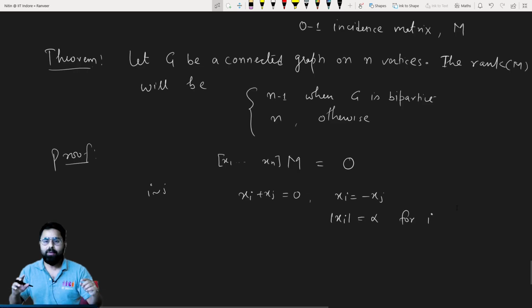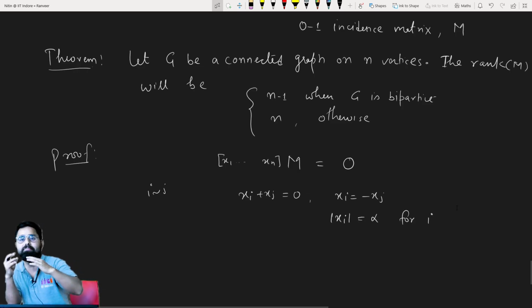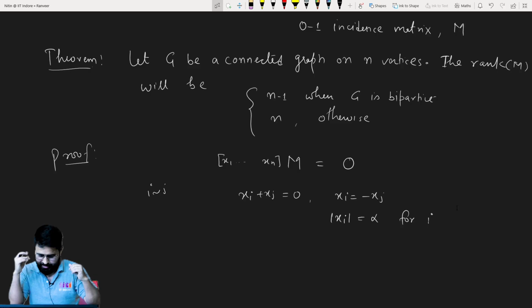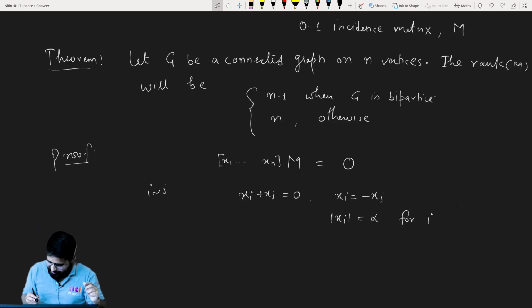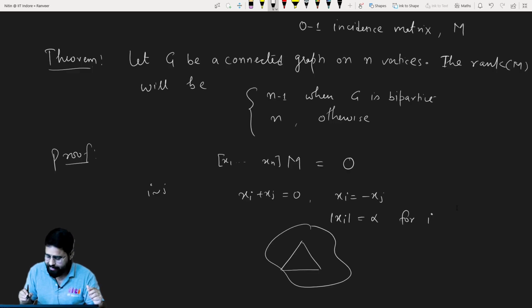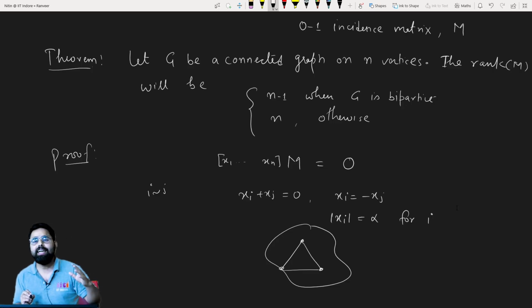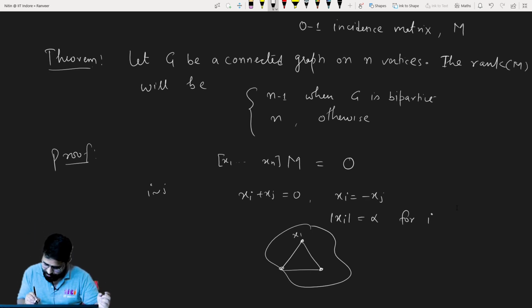Now suppose inside the graph there is an odd cycle. For simplicity, take a graph with a triangle inside. Assign x1, x2, x3 to its vertices.